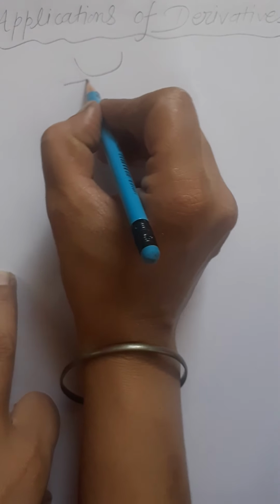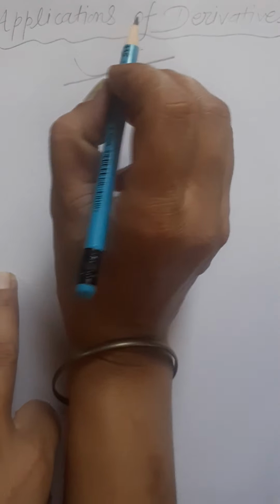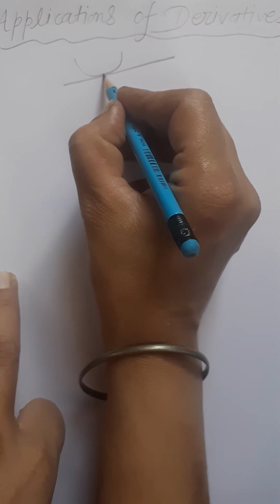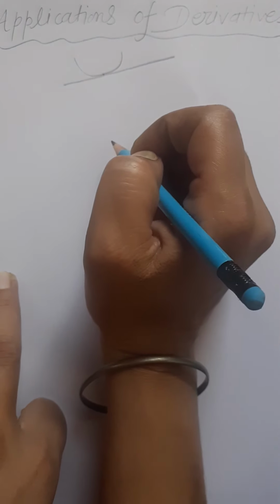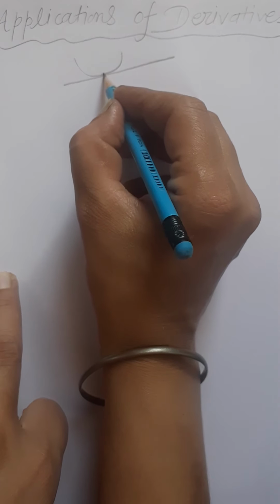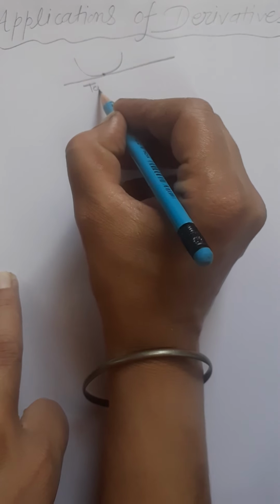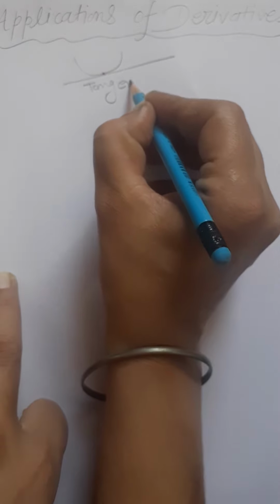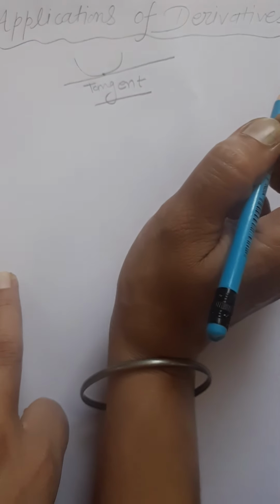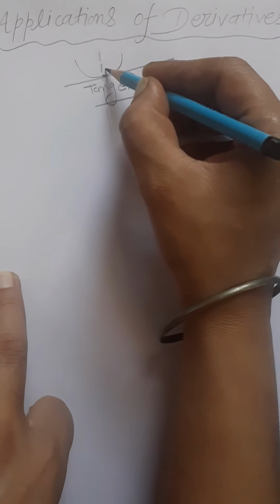When a curve touches a line at a point of contact, this condition is called a tangent. And when a line is perpendicular to this, that condition is called a normal.